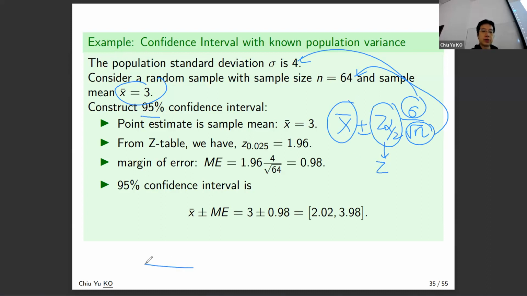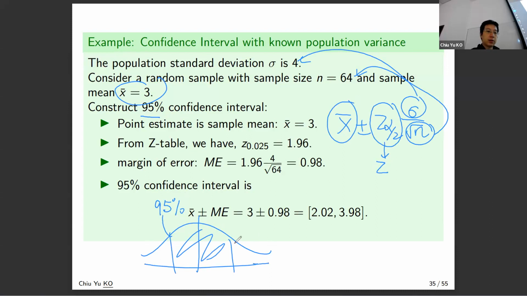So the center is 95, both sides total 5%, so each tail is 2.5, or 0.025.